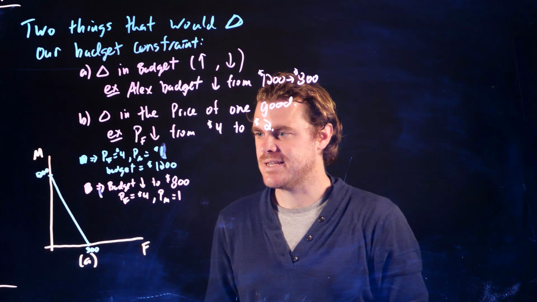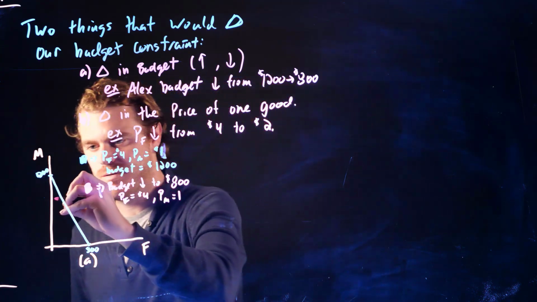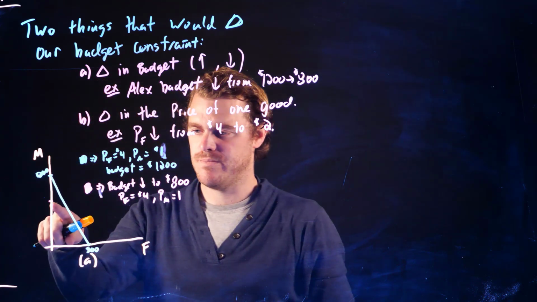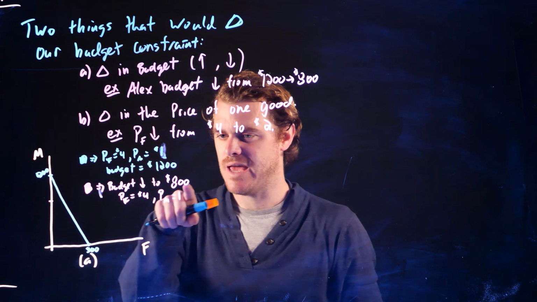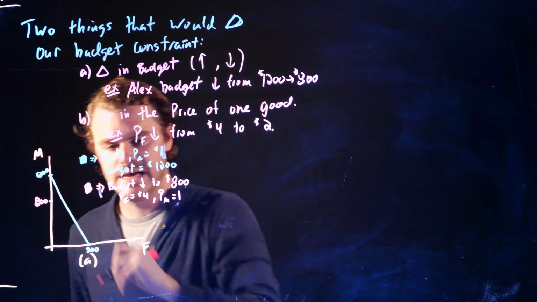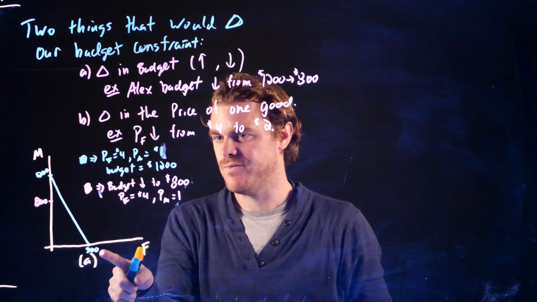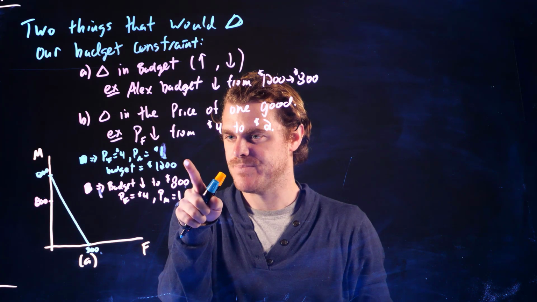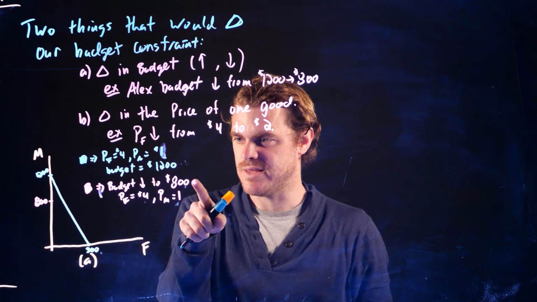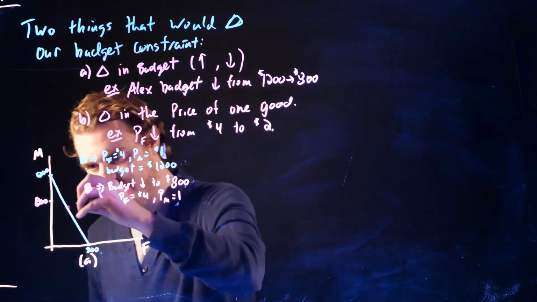Okay, and so let's think of what's happening. So now we can do the exact same thing as we did before, but now if we spend our entire budget on mangoes, we could only afford 800 of them. 800 divided by 1 is 800. And let's say the price of fish now, we used to be able to afford 300 fish when the budget was 1,200, but now the price of fish is still 4, but the budget has gone down to 800, so 800 divided by 4 is 200.